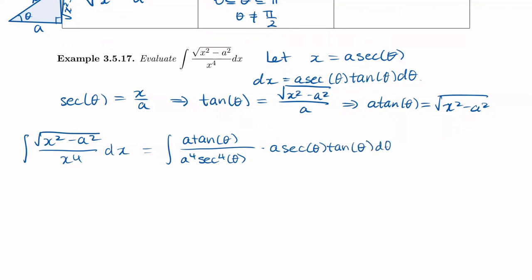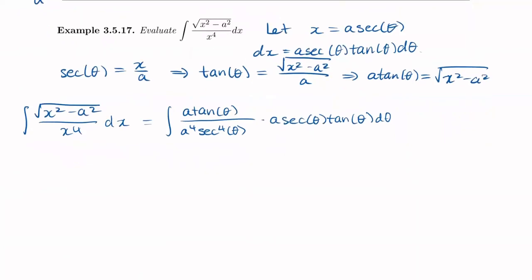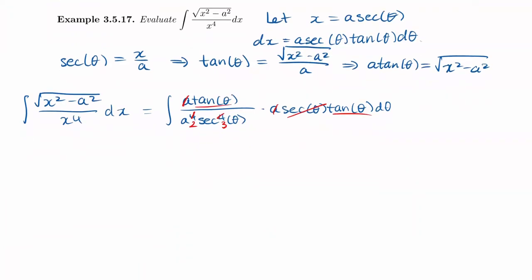So we could simplify things a little here. We can simplify the a's, so this becomes a squared. We can cancel out the secant here, so this becomes secant cubed. And the tan here and this tan join to become one tan ratio, but squared. So we could rewrite this as the integral of tan squared theta divided by a squared secant cubed theta d theta.